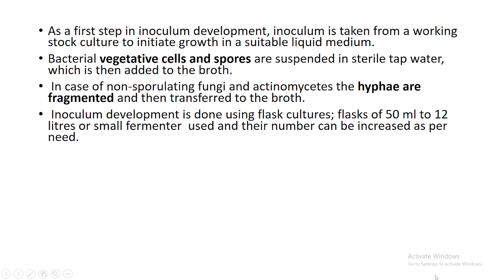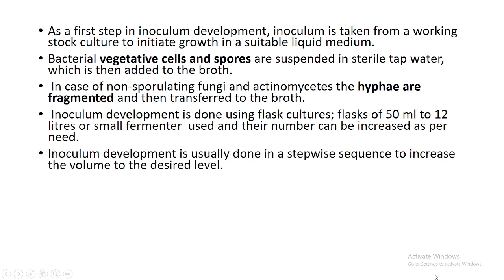From the small vial you'll transfer it into a bigger flask of 50 ml up to 12 liters of medium. That is a small fermenter, a laboratory fermenter of 12 liters. This way, from a very small volume to a flask to a small fermenter, it is done in a stepwise sequence by increasing the volume up to the desired level.